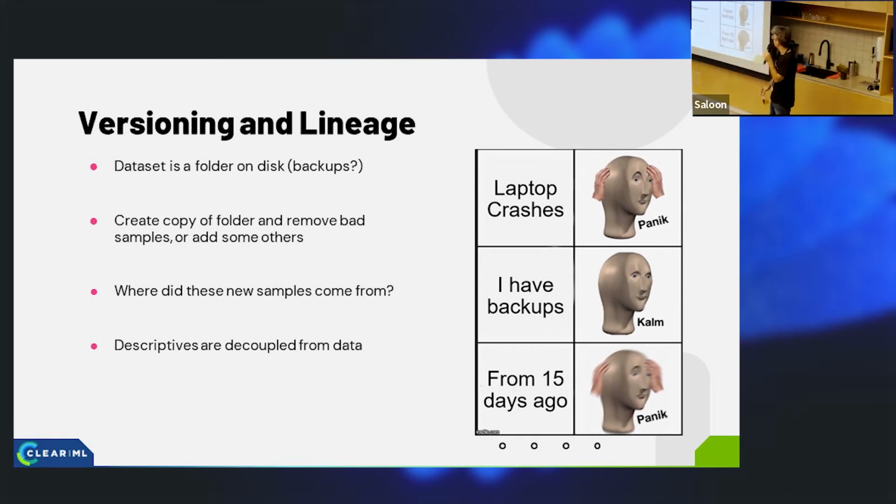Versioning and lineage. Yeah, so I think that most of us are here. Most days I'm here. Half of the days when I realize that I don't, I'm the first one. And yeah, this is definitely me, or this morning.